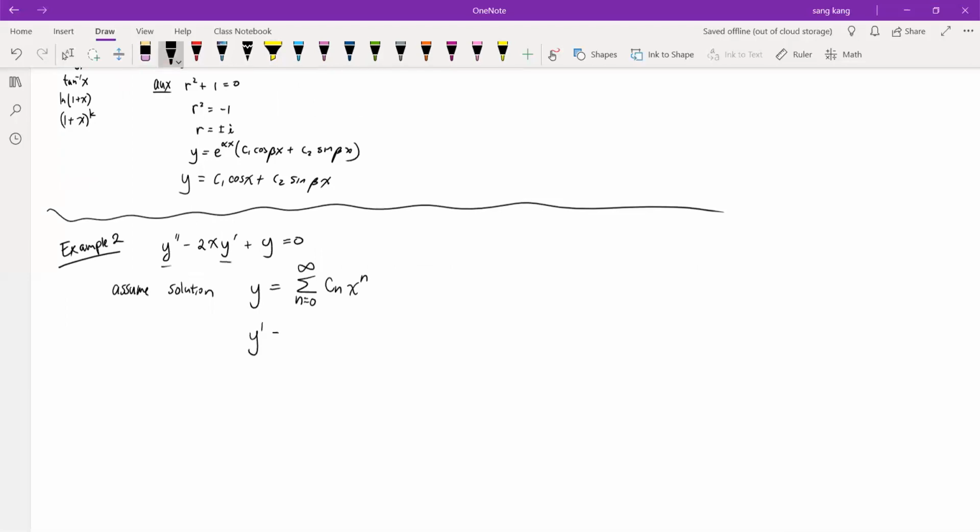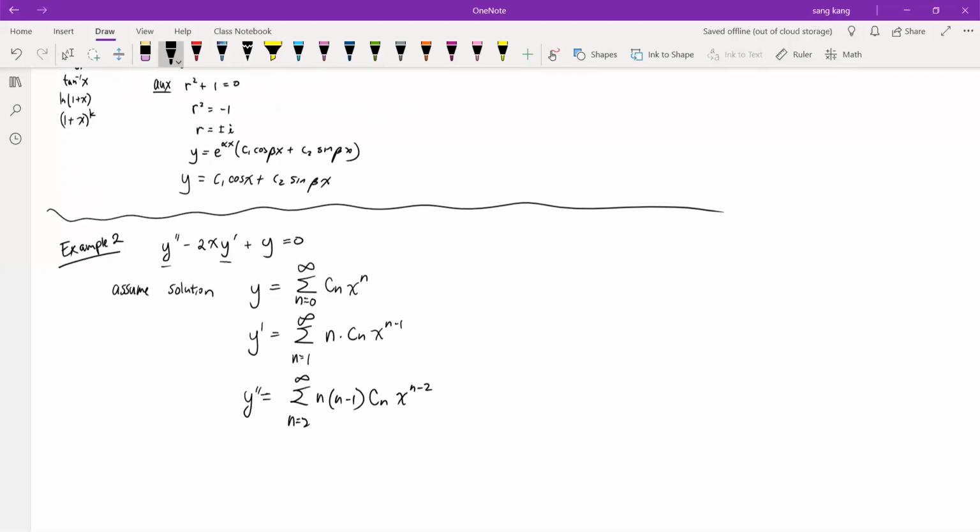So y prime will be the sum of n times c sub n x to the n minus 1, n equals 0 to infinity. y double prime is going to give us the sum of n times n minus 1, c sub n x to the n minus 2, n equals 2 to infinity.